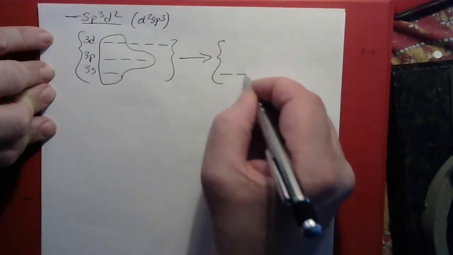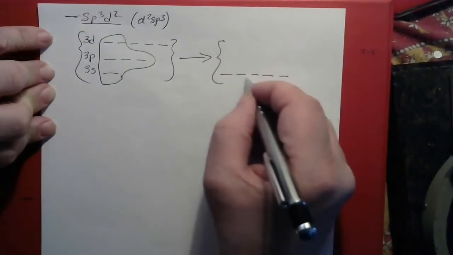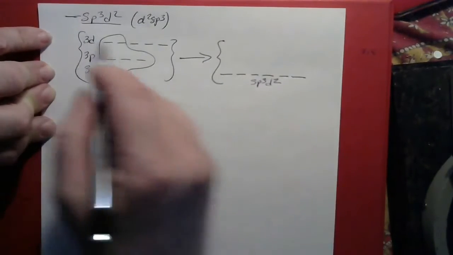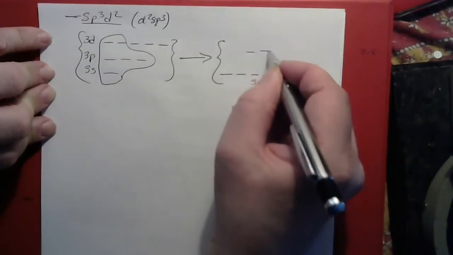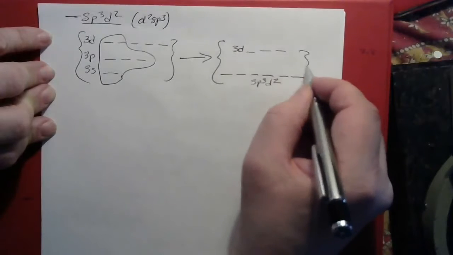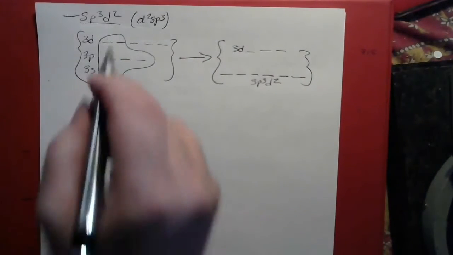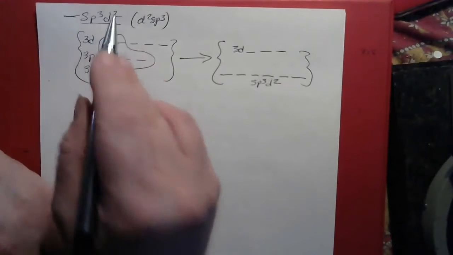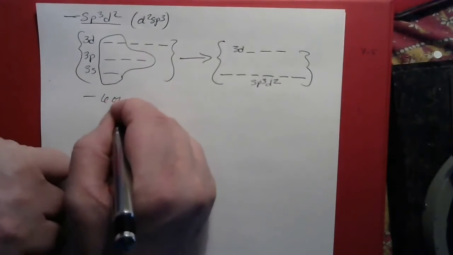So you end up with 1, 2, 3, 4, 5, 6 hybrid orbitals and 3 unhybridized 3d orbitals. As you can see from the name, 1, 2, 3, 4, 5, 6, there are 6 orbitals involved here.